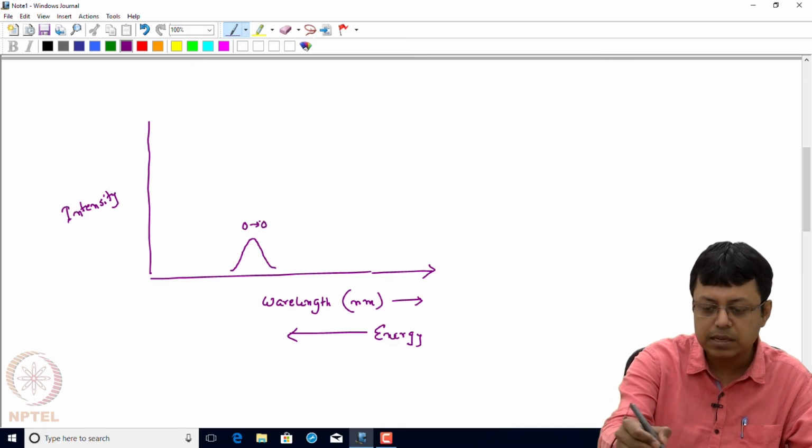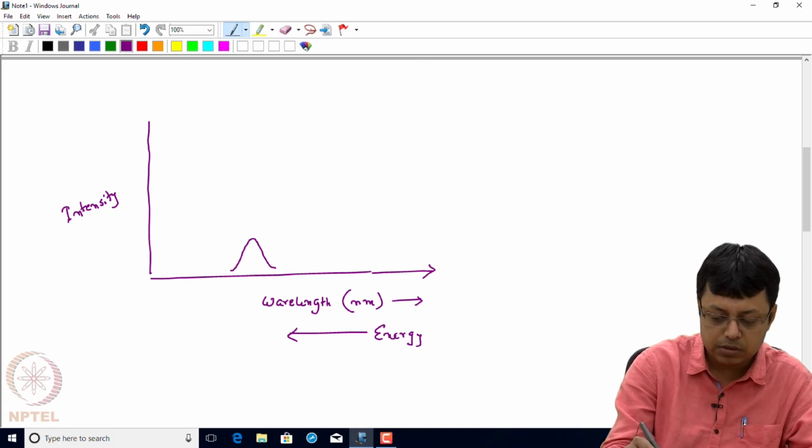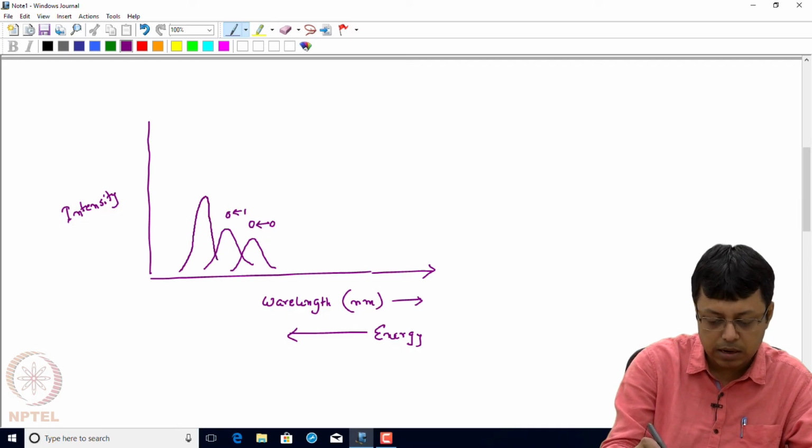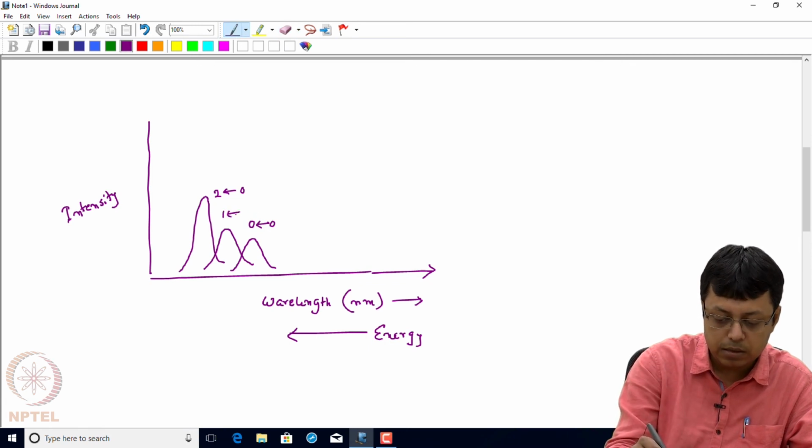Some textbooks actually write the final state first. So they write it like this, 0 0 transition, but the 0 0 transition will be weaker than say the 0 1 transition, and that will be weaker than, suppose the way I have drawn it, the, sorry, this should be written like this, it will be 1 0.